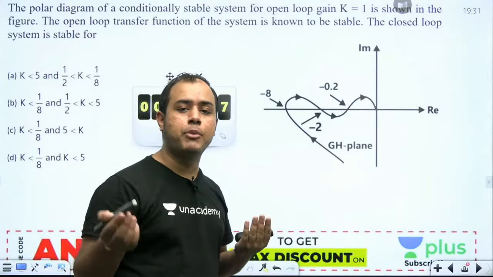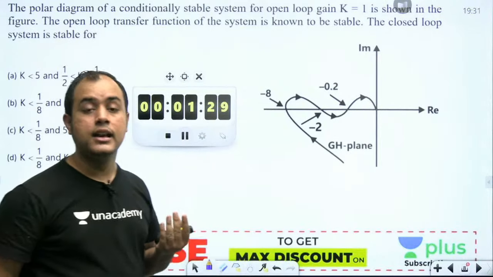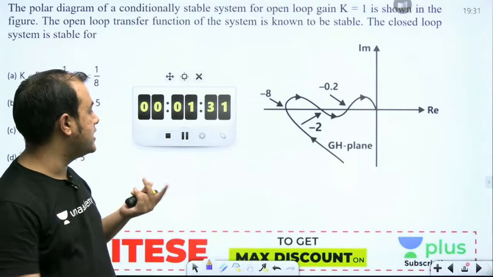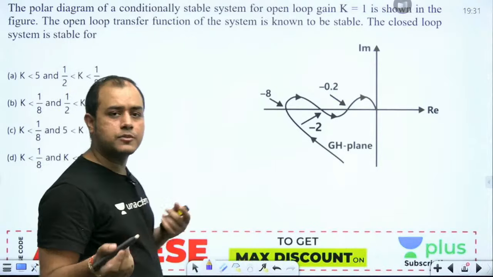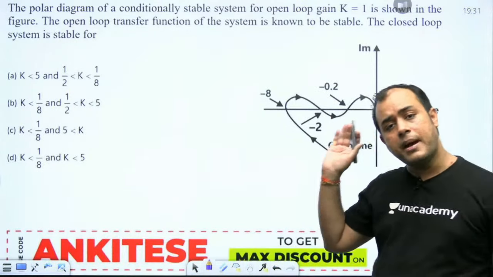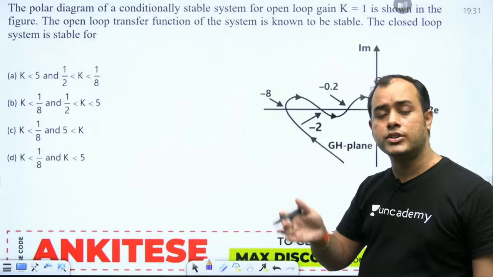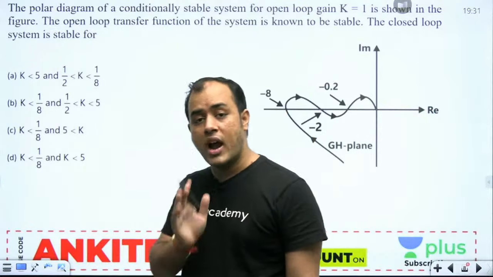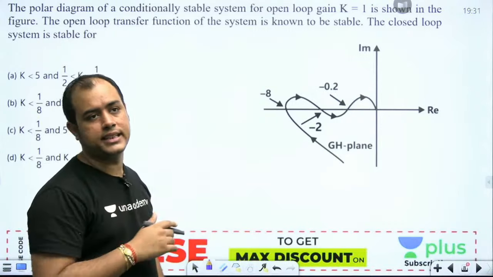But if you are putting a pole, it will blow up to infinity. If you are putting a zero, it will just become zero. So we don't have any problem with zeros on the imaginary axis or at the origin, but we do have a problem with poles lying there.